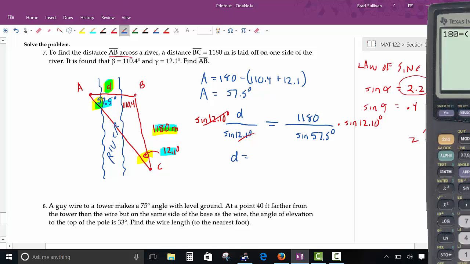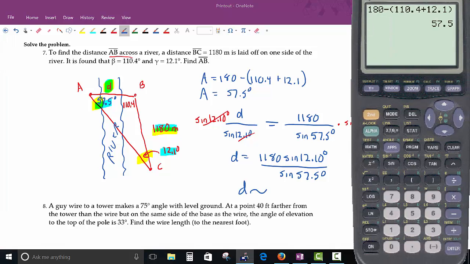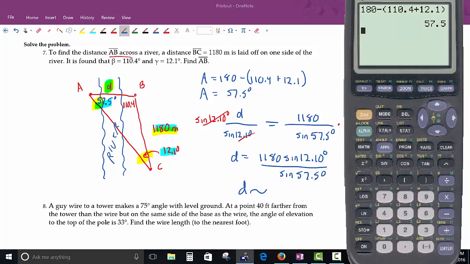So that distance is going to be 1180 times the sine of 12.10 degrees all over the sine of 57.5 degrees. And then we can round that off maybe to a decimal or something. Okay, so let's do that.